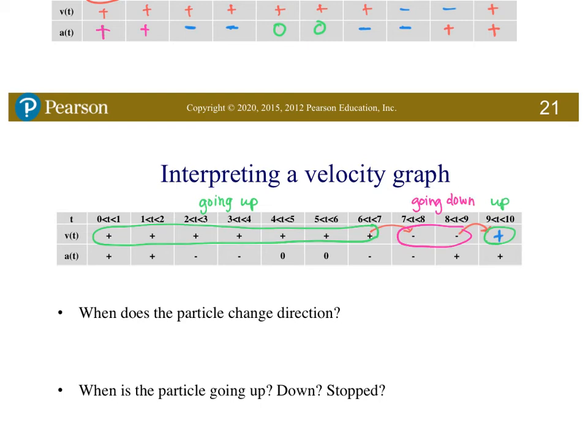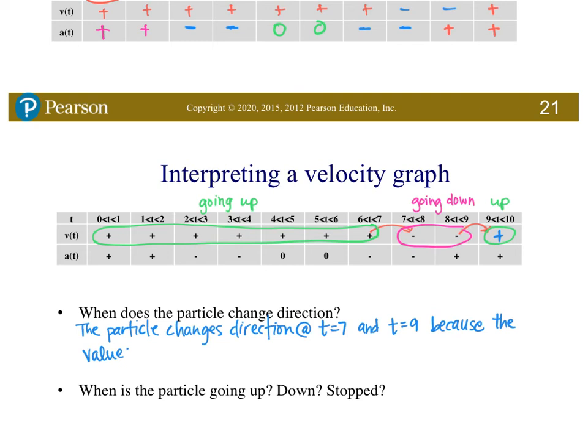So we would say the particle changes direction at t equals 7, and again at t equals 9, because the values of v of t changed sign.